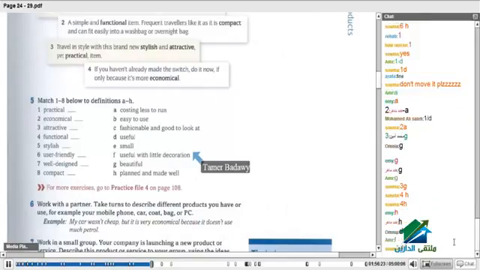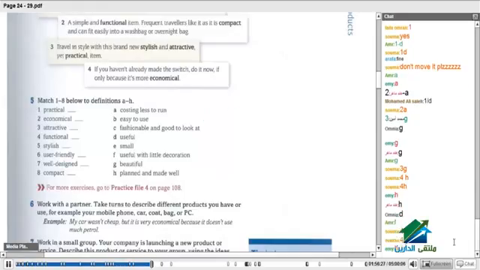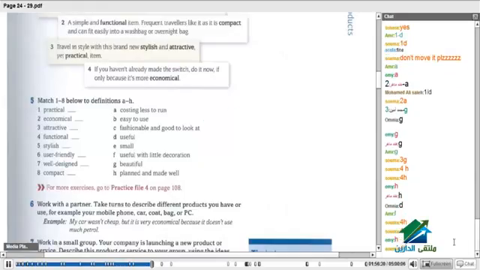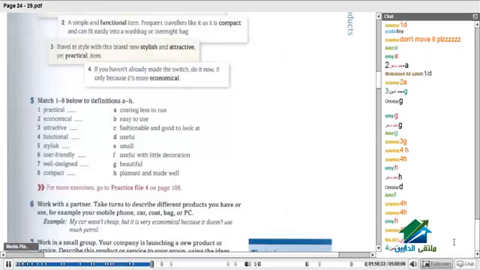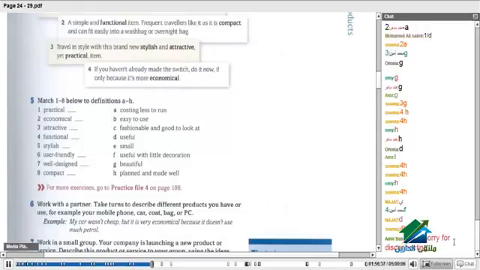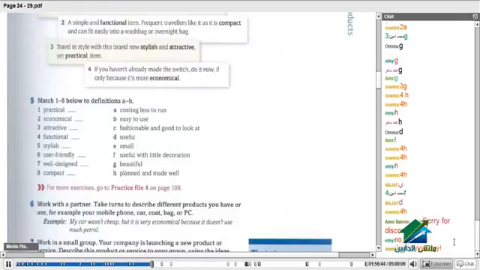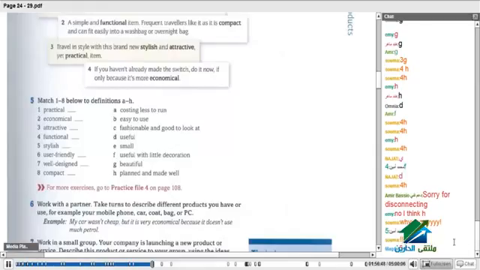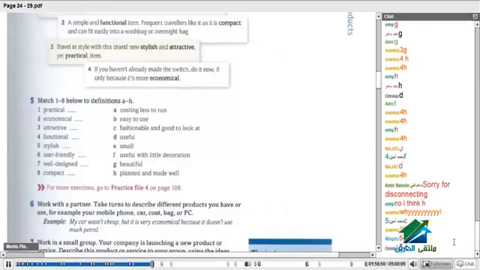Exactly. Number 4, functional, useful and with little decoration. Okay, that will be F. No, it's F. Actually, a little confusion here.